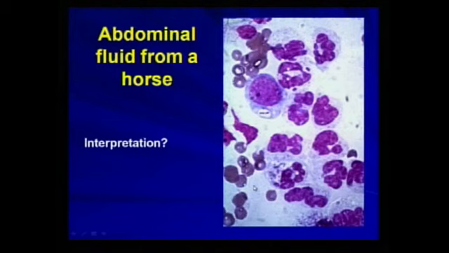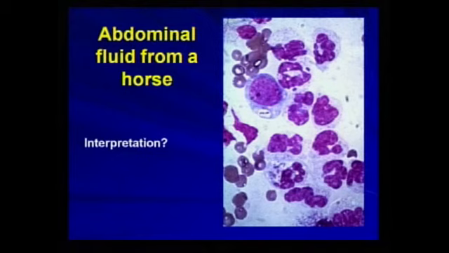Interpretation: this horse will die, and will probably die soon. It is likely that we have a ruptured viscus, liberation of bacteria, and septic peritonitis. This would be a septic exudate. And one thing I've learned from my friends who are clinical pathologists is to differentiate between a neutrophilic exudate and a septic exudate.